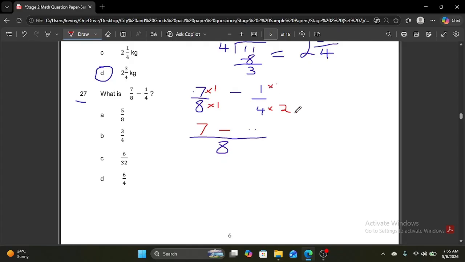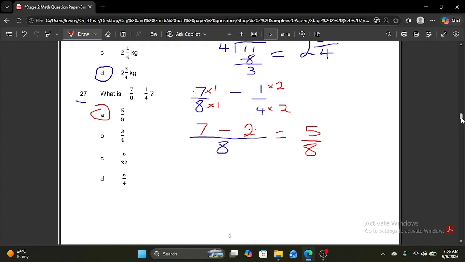If you multiply by 2 at the bottom, you multiply by 2 at the top. So 2 times 1 is 2. That is equal to 7 minus 2, that's 5. So you'll be left with 5 over 8. Look over here. The answer is A, 5 over 8.